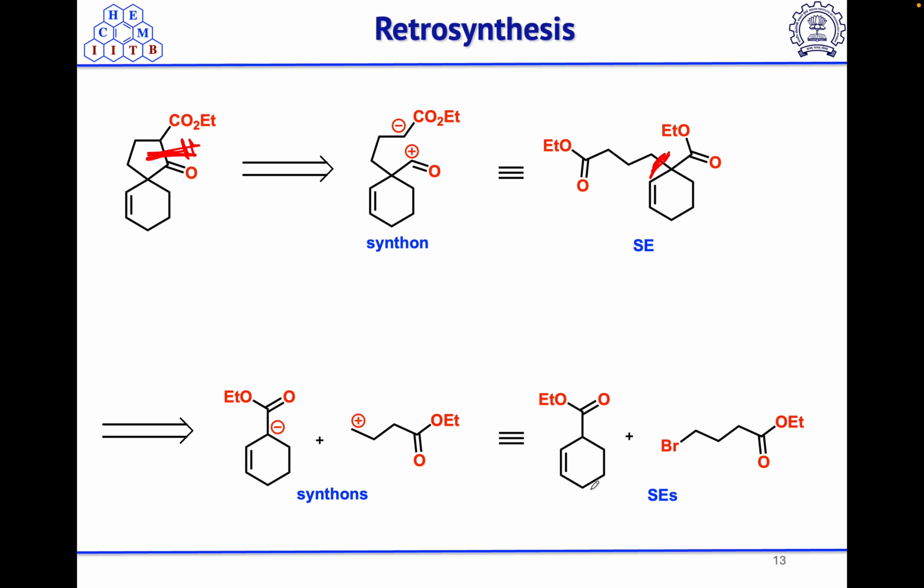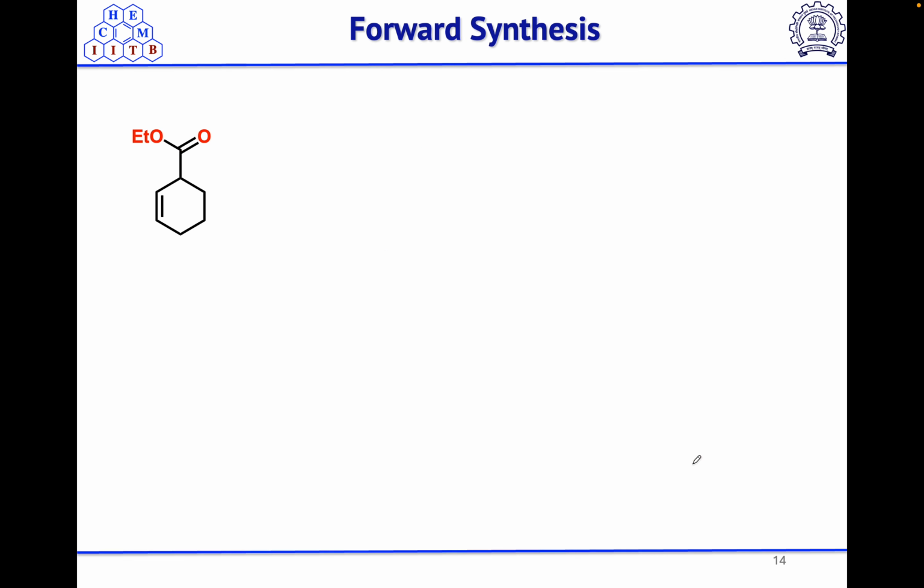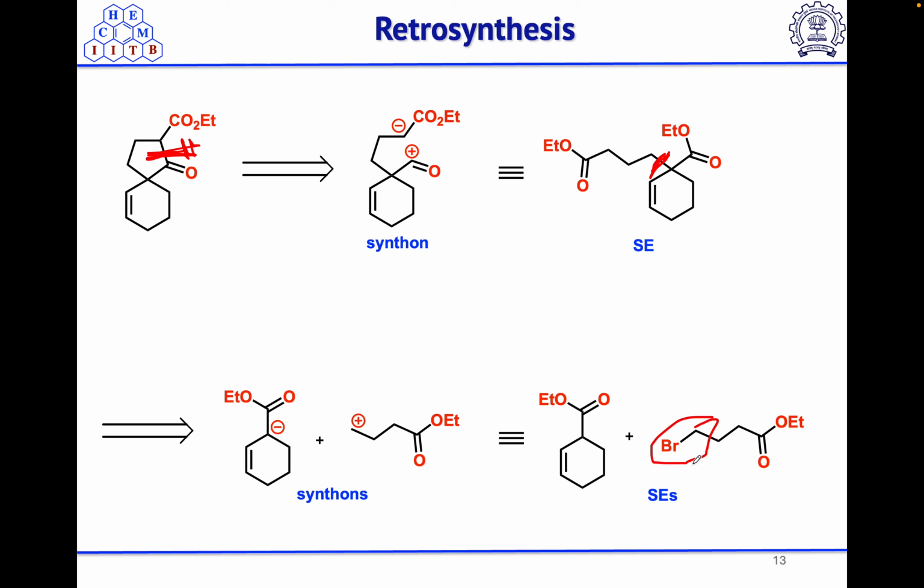For the donor synton, this is the synthetic equivalent, and for the acceptor synton, this halide is needed. So this is the electrophile. So you need this synthetic equivalent, okay. So for forward synthesis, if you have any doubt, just ask me on this slide. Then I'll go to forward synthesis.